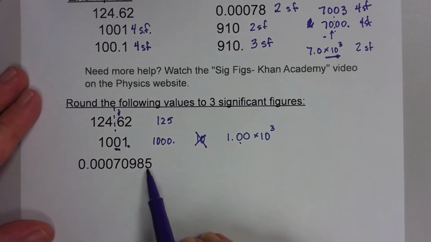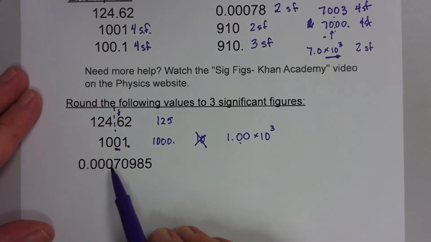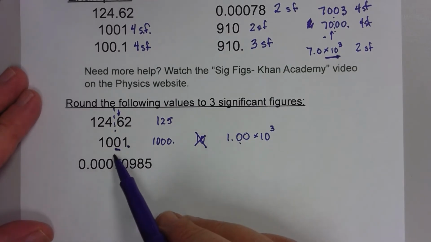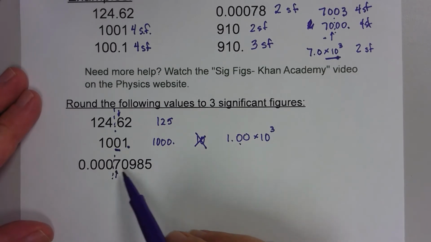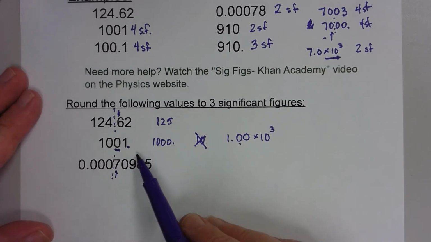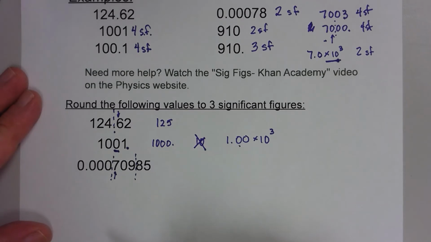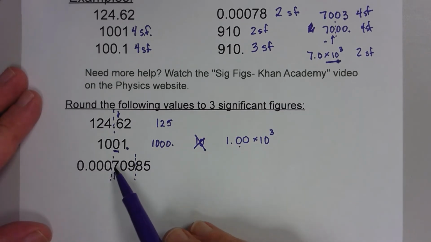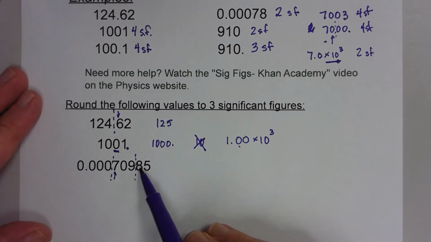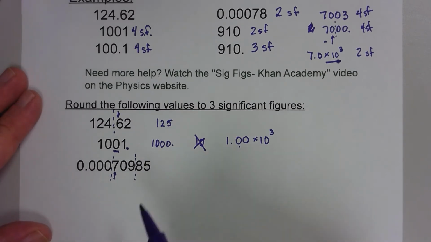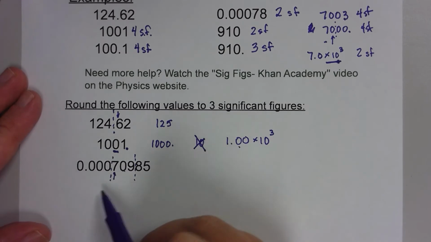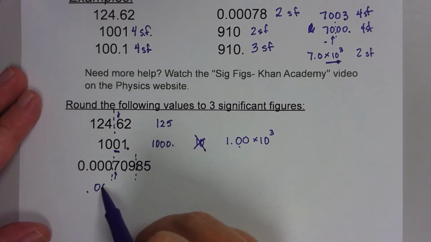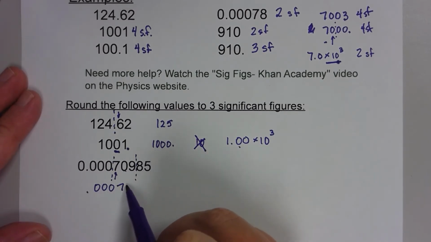Finally, rounding this to 3 sig figs, leading zeros are never significant. The first significant figure would be this 7. So we go to this digit here, that's 3 significant figures later, and we're going to round after that. So 0.000709, the next digit's an 8, so we're going to round up. Of course, if we round up that 9, that really turns into 0.00071.